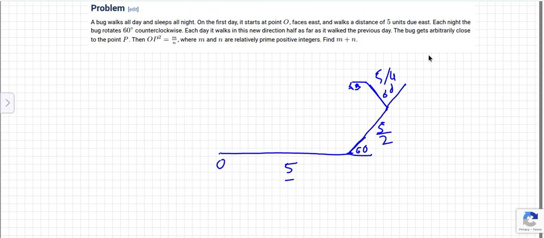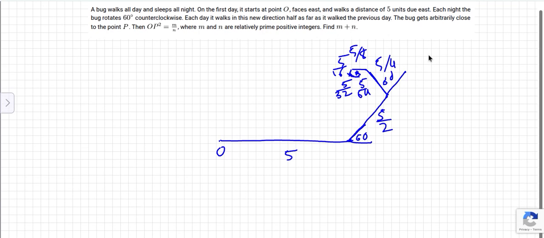This is 5, this is 5 over 2, this is 5/4, this is 5/8, then you have 5/16, and then for the one going down, you have 5 over 32. After that, you've completed 6 steps, which means now you're going to restart going to the east at exactly 0 degrees. That will be at 5 over 64.